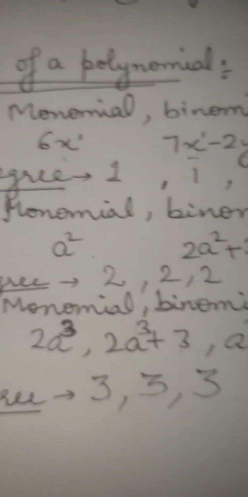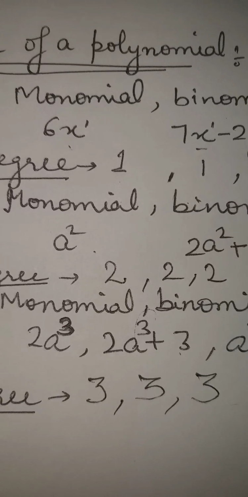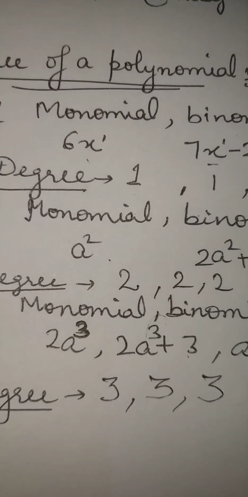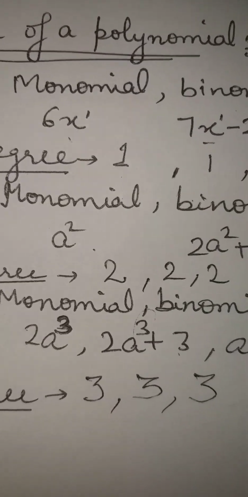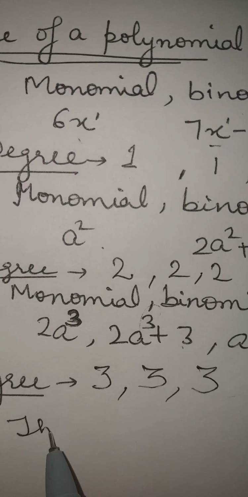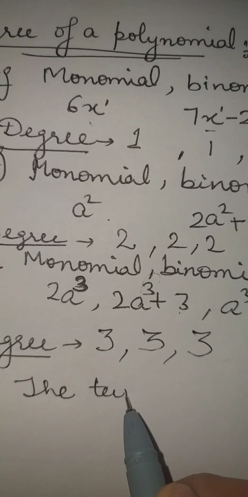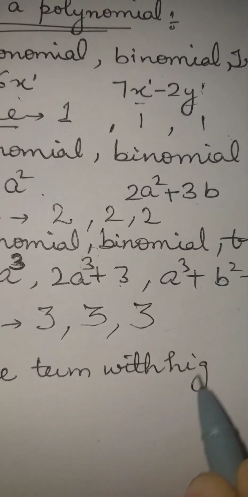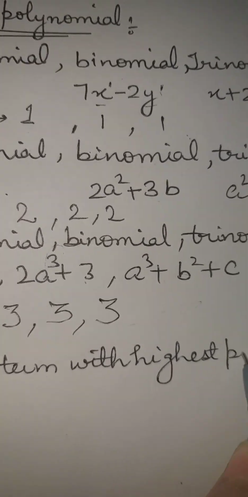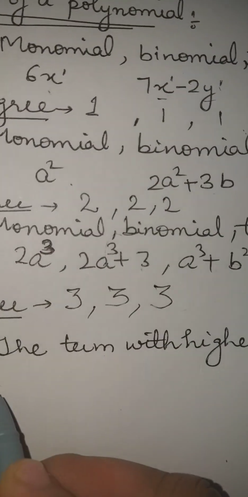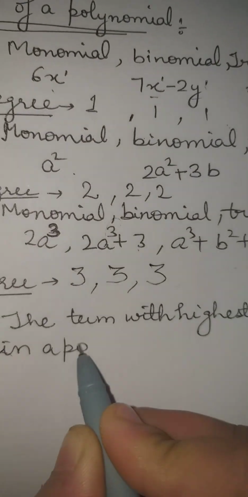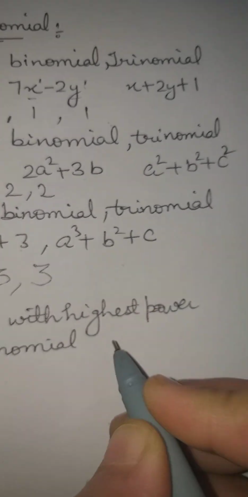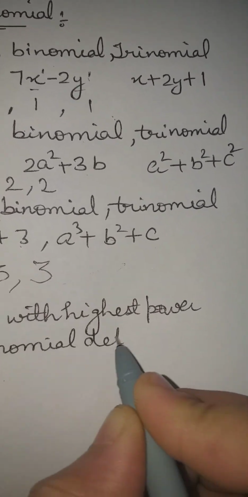So now we will discuss the definition. According to the examples that we have discussed here, the definition of degree of a polynomial is: the term with the highest power in a polynomial determines the degree of the polynomial.